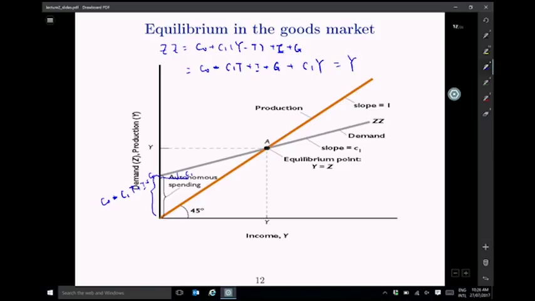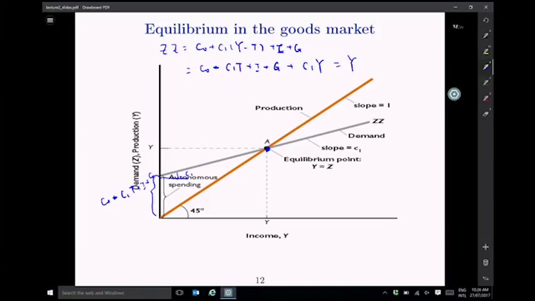Notice this horizontal axis is income or output Y, and the best way to see this is to draw a 45-degree line. On this orange 45-degree line, aggregate demand equals aggregate income or output. So the intersection of the aggregate demand and the 45-degree line gives us the equilibrium in the goods market.